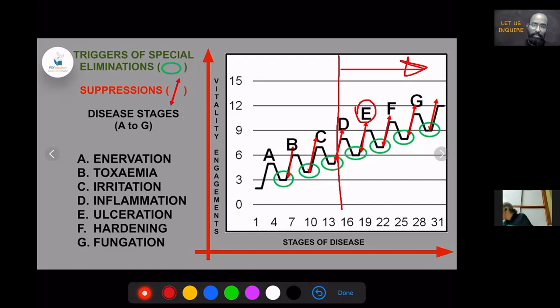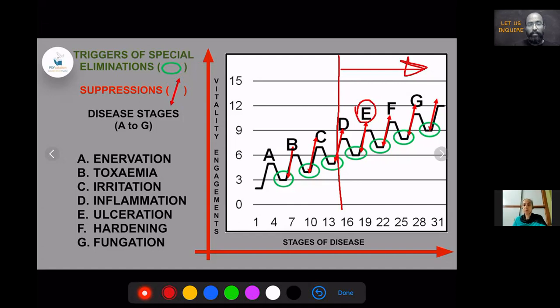Skin is the largest eliminating organ, and whatever we term as skin disease are spatial elimination of the toxins. Whenever the elimination is over, the skin gets repaired on its own. So the skin diseases, whatever we experience, are actually the ulceration stage, and this is due to the endeavor of the body to throw out the toxin.